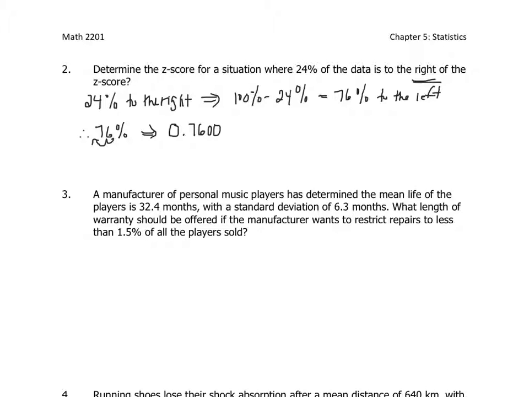So on the chart, we go to 0.7611, which has a z-score value of 0.71. So that should have 24% of the data to the right of that z-score.